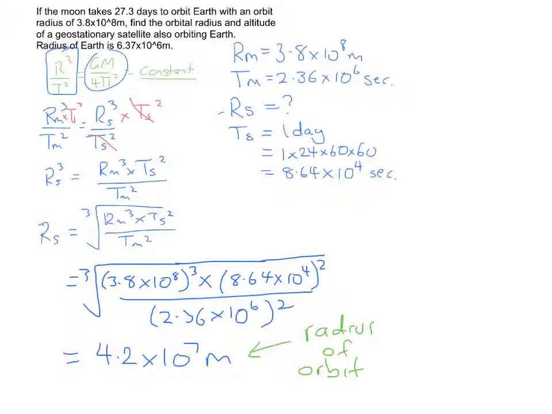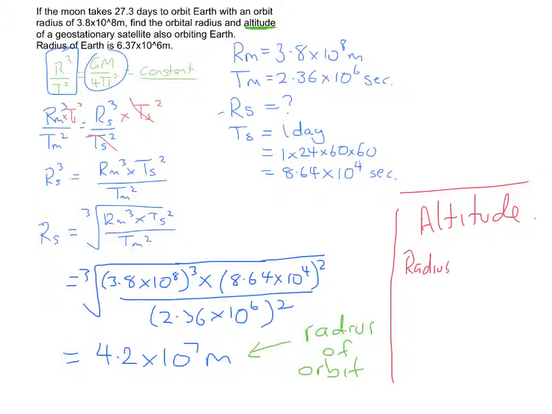Now the question also asked to find the altitude. So to find the altitude, we need to get the radius of orbit and we take away the radius of the Earth's surface.